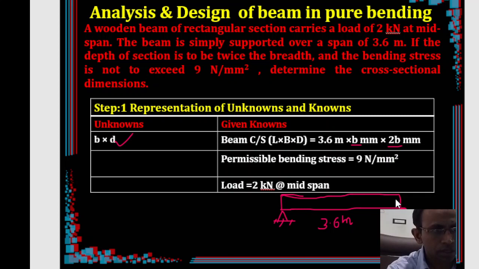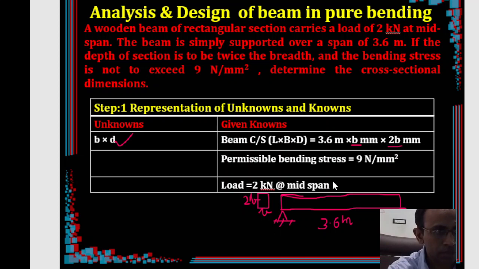And the cross sectional dimensions are not known, but still with the given hint, we can say that this is b. We assumed this is b, and based on the condition given, depth is twice the width.